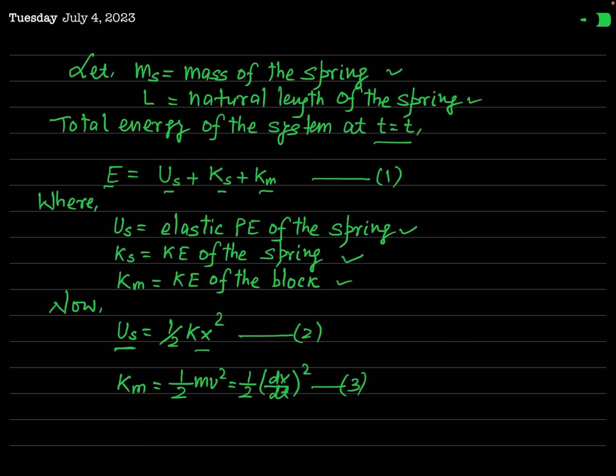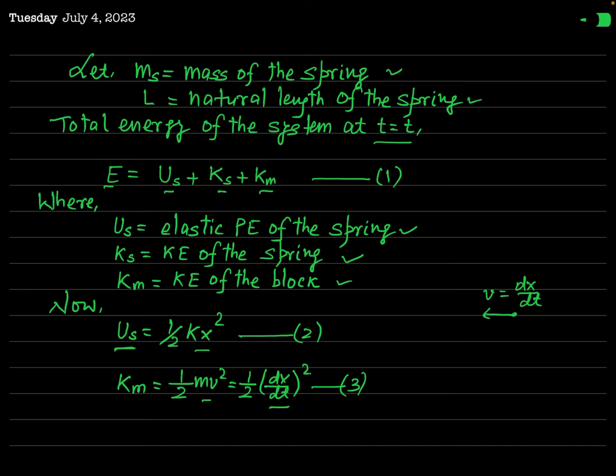And when the block is released, you have assumed that its velocity is v, which is given by dx by dt. So at that moment, the kinetic energy of the block, KM, will be half mv square, and in place of v you can write dx by dt. So you can say that its kinetic energy is half m times dx by dt whole square.